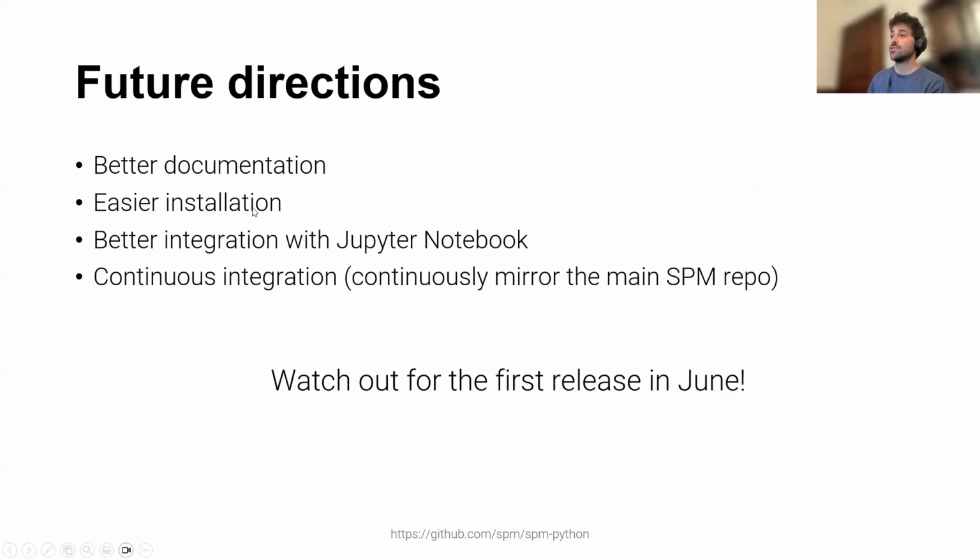Then easier installation. That's something we have been putting the most effort on, I think. The idea is how do we make it easy and straightforward for people from any platform, any type of MATLAB version to just install the package. I think it's quite nice when you can just do pip install of a package.